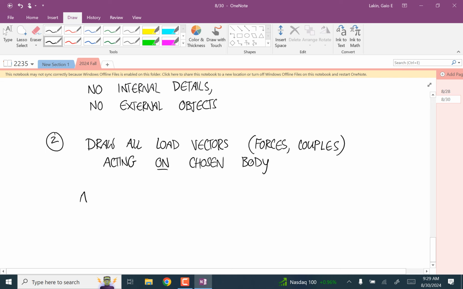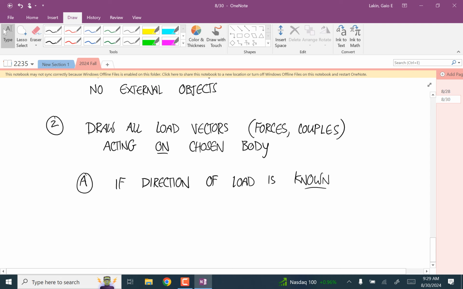So to represent these, if the direction of a load is known, draw this as an arrow in the known direction.